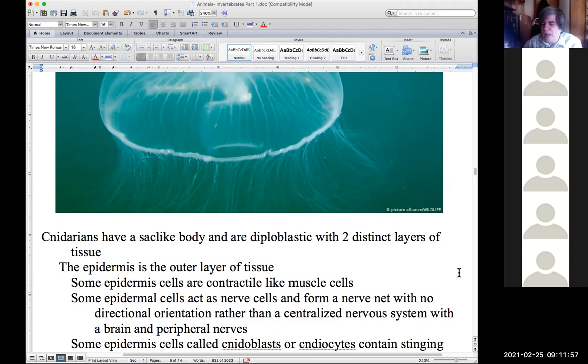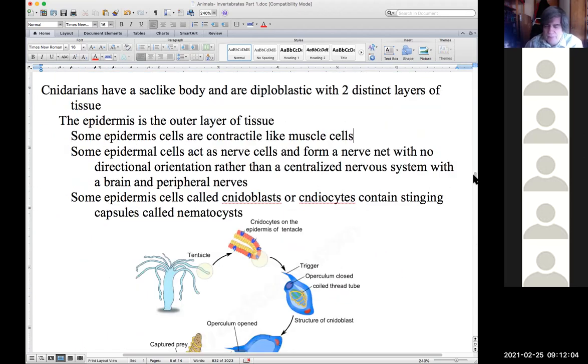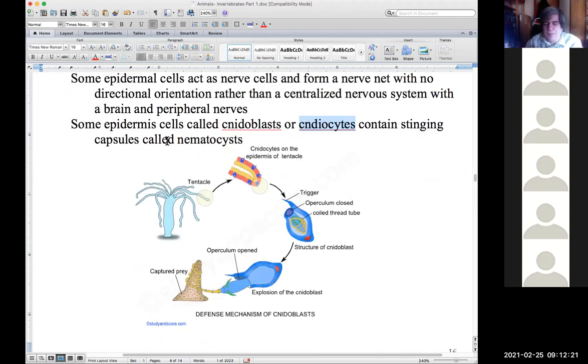Now, this group actually gets its name from a third type of epidermis cell. This is an epidermis cell called a cnidoblast, or it's sometimes called a cnidocyte. Remember, cyte always means cell. And these cells contain a stinging capsule called a nematocyst.